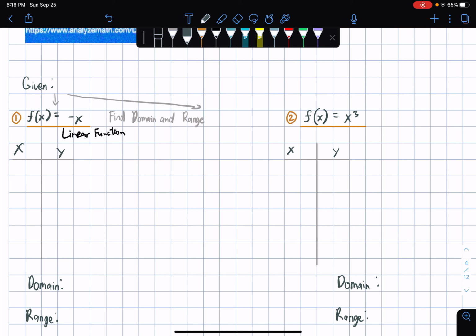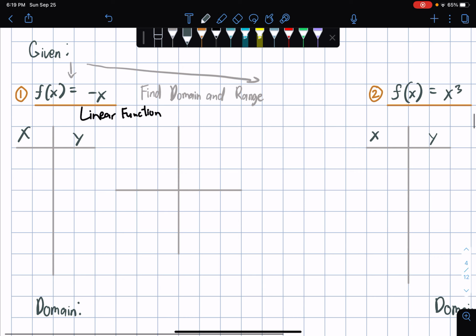One in particular is we could graph the function itself. But let me tell you this in advance. It's not all the time that graphing would be the best way to find the domain and range of a certain function, for the reason that the function might be too difficult, or it would require you to plot a lot of coordinates, especially for those functions that have coefficients with decimals and fractions.